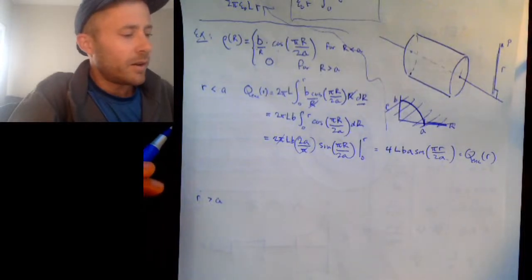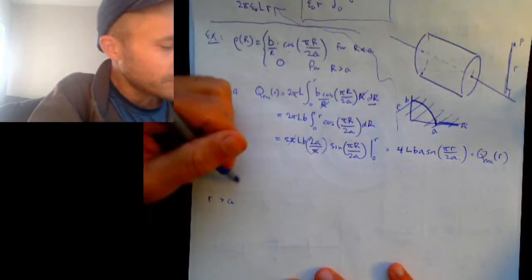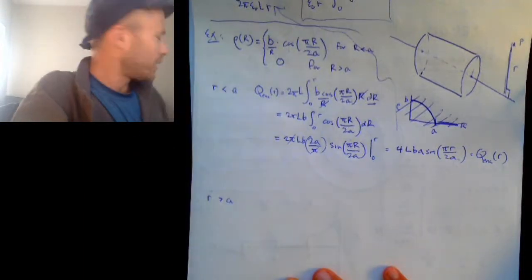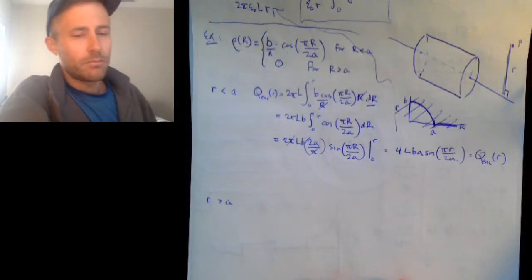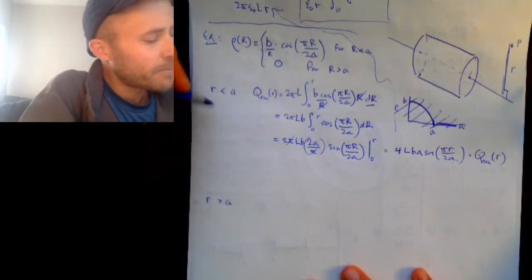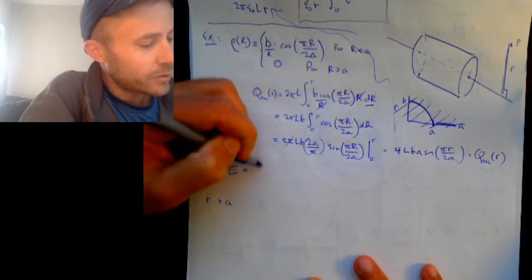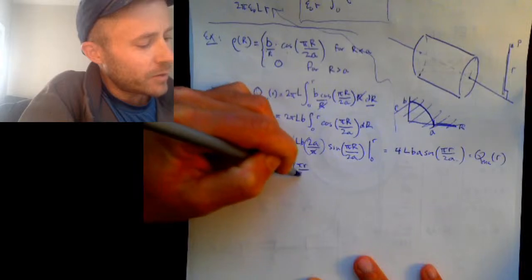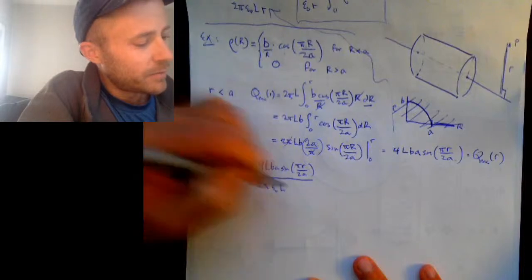And when I do that, I get that the electric field is equal to charge enclosed, 4 LBA sine of pi little r over 2a, divided by 2 pi epsilon naught L r.